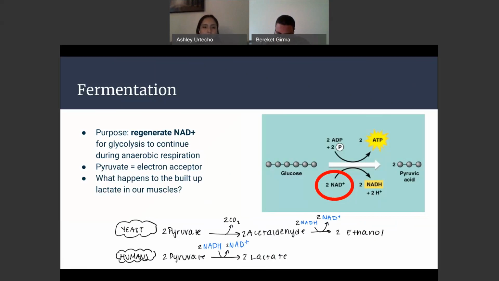So what happens to the built up lactate in our muscles? You sort of answered this, so I'll just add on to it. The built up lactate in our muscles will actually be transported to the liver, where it will be broken down into pyruvate, and it will make NADH. And this NADH will be useful for the electron transport chain to make more ATP.